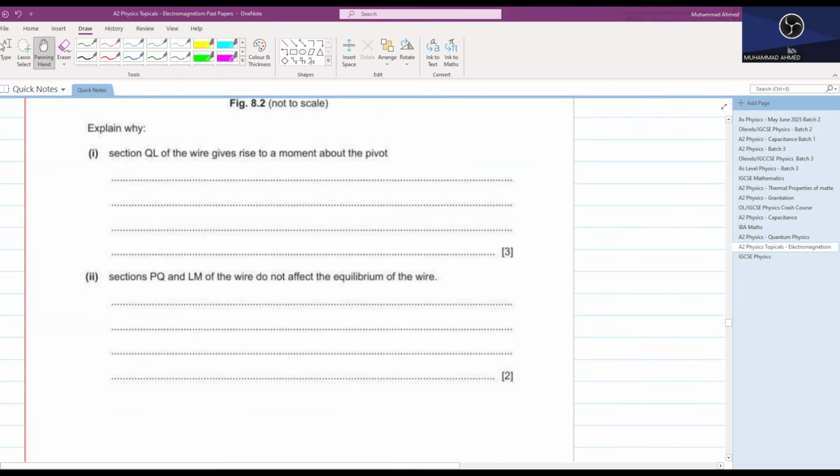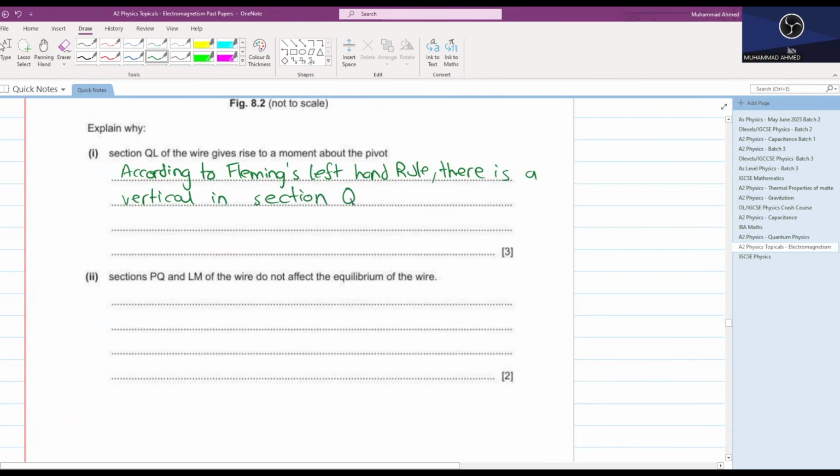First of all, you will say according to Fleming's left hand rule, there is a vertical force in section QL.